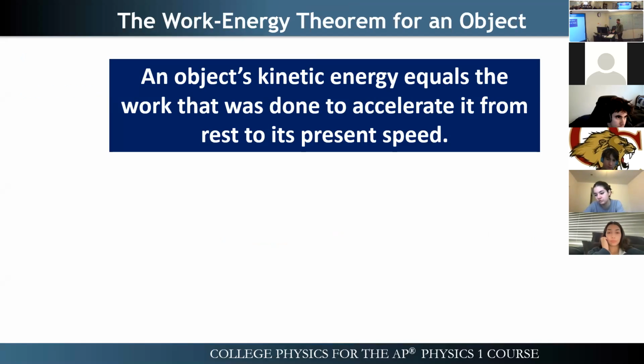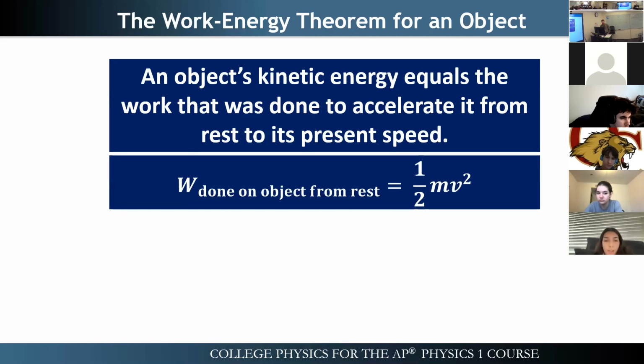It's all review. But we know an object's kinetic energy equals the work that was done to accelerate it from rest to its present speed. Now, it doesn't always have to be from rest to its present speed, but in that context, that's how much work would be done, and that's how much the kinetic energy would change. If we're thinking through our relationships, we can prove, and we will in just a minute, that the work done would be 1/2 mv squared.